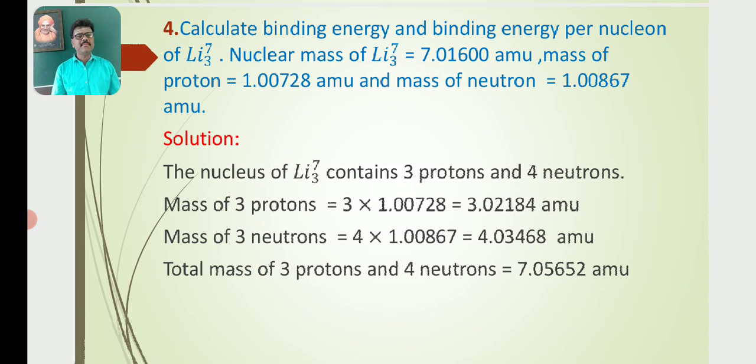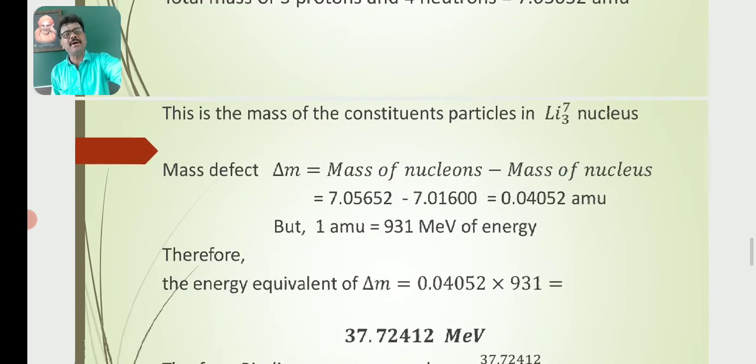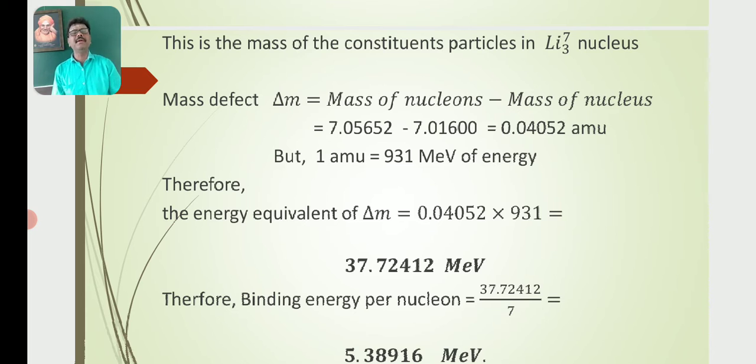Then the total mass of 3 protons and 4 neutrons is 7.05652 AMU. That means the sum of masses of the individual nucleons in lithium-37. This is the mass of the constituent particles in the lithium-37 nucleus.